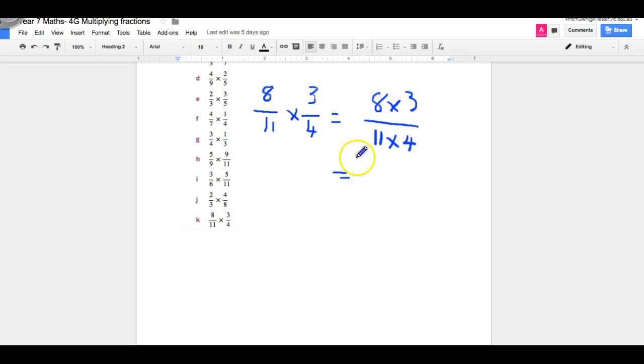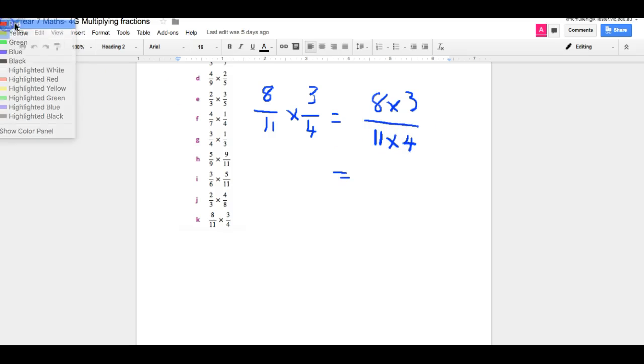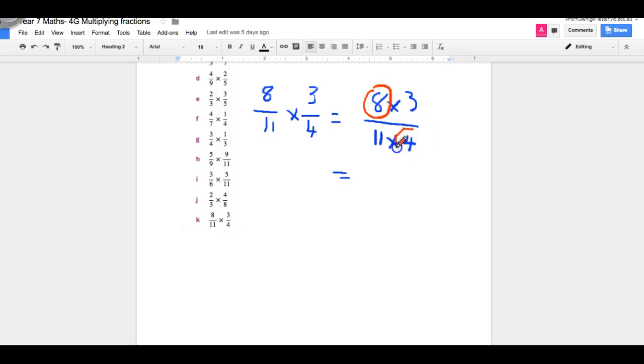Now to make that easier, you can see, well, is there any number on the top that can cancel with the number on the bottom? So I'm going to do this in a different color, red. So this 8 and the 4, because they have a common factor, so 4 goes into 4 obviously, but also into 8, that actually simplifies to 2 over 1.